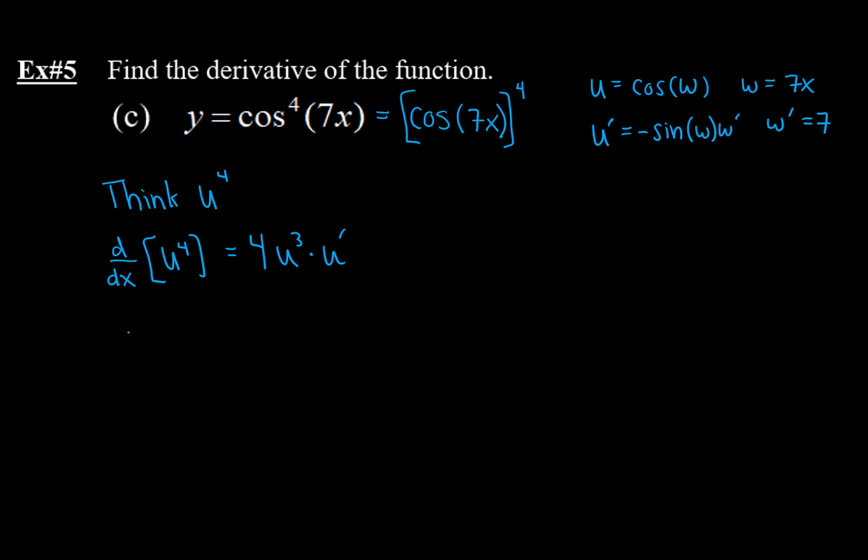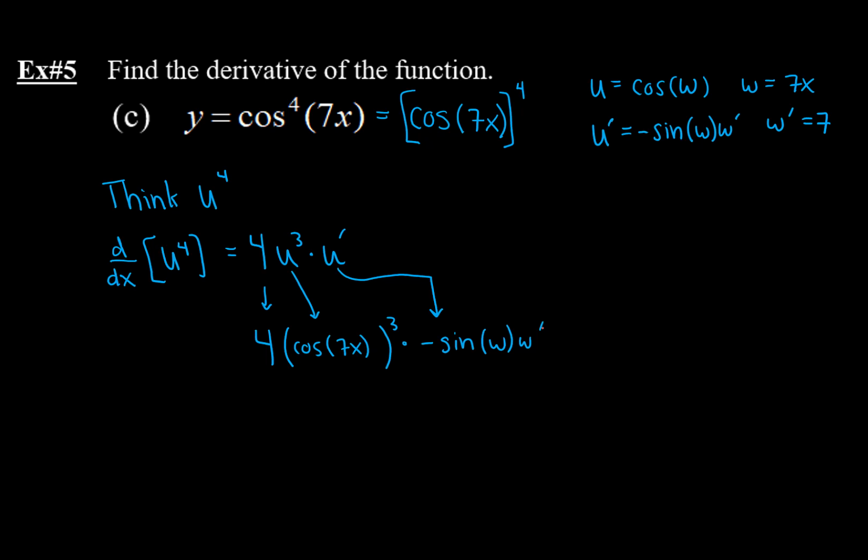So let's substitute it back in. So now I've got it for my x's. So here's my 4. My u to the power of 3 is going to be my cosine of 7x to the power of 3. And my u prime is this thing right here. It's that negative sine of w times w prime.